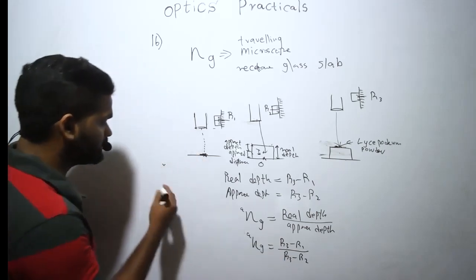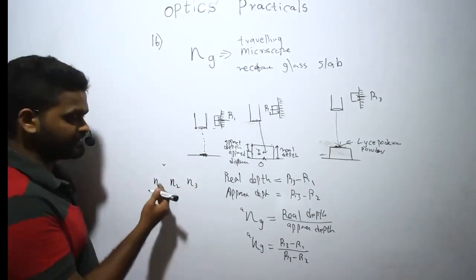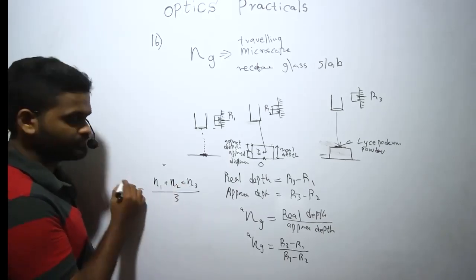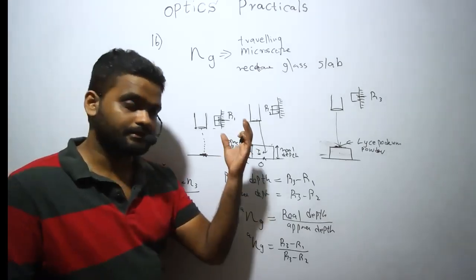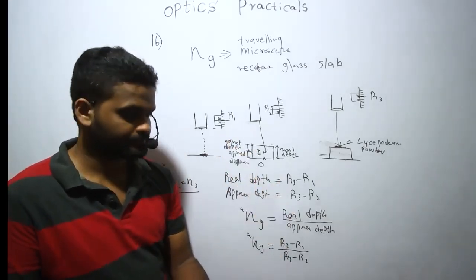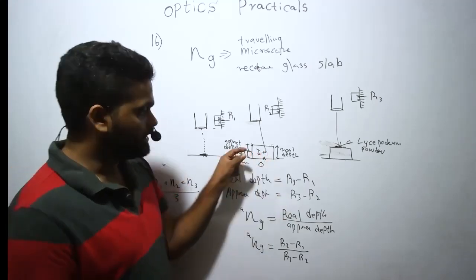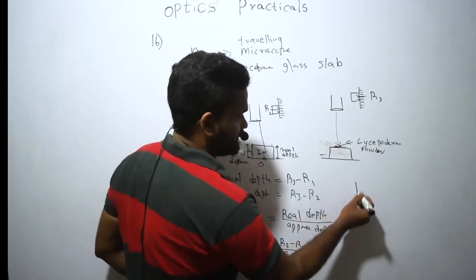Let's say you got N1, N2 and N3. These are 3 close values, and you can get the average. So how do we get 3 values here? You know that this is a glass slab, right?